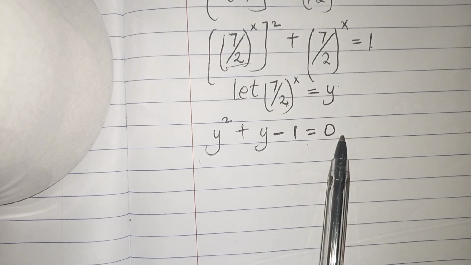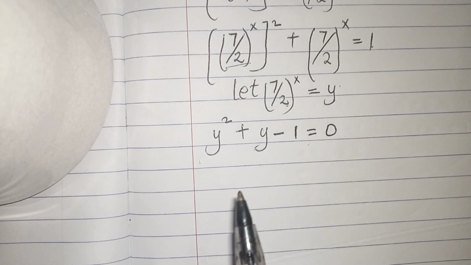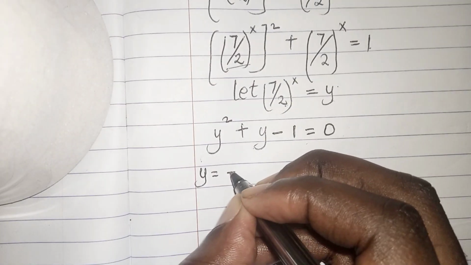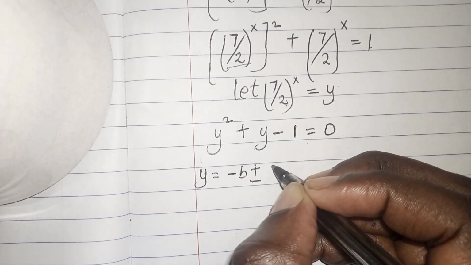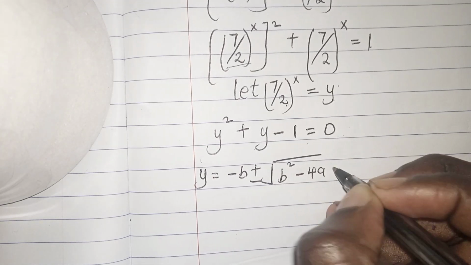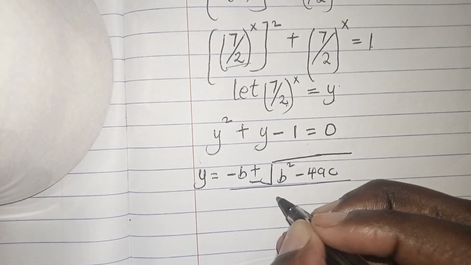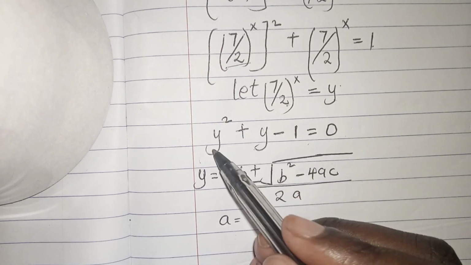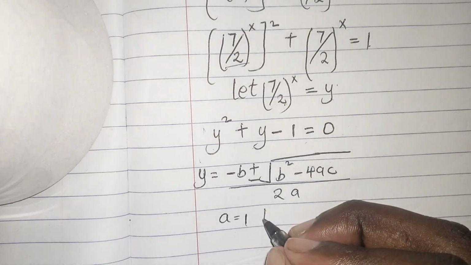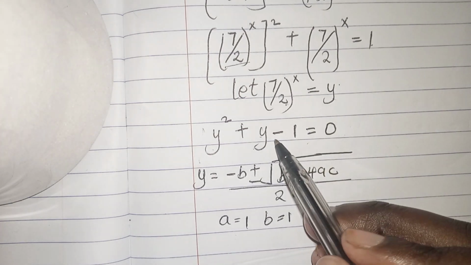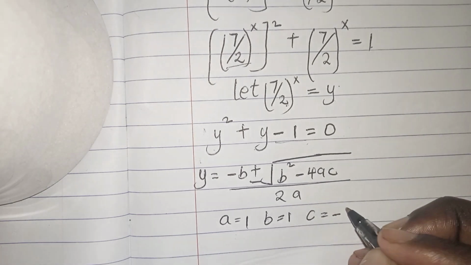So we can solve this quadratic equation using our quadratic formula, where y is equal to minus b plus or minus the square root of b squared minus 4ac over 2a, where our a is the coefficient of y squared, which is 1, our b is the coefficient of y, which is 1, and our c is this constant here, negative 1.